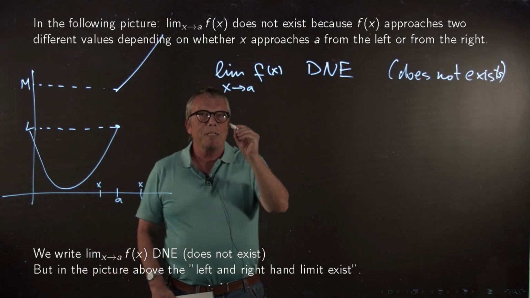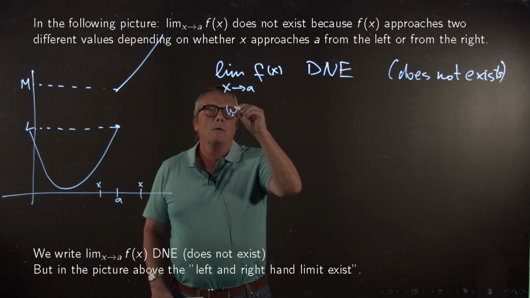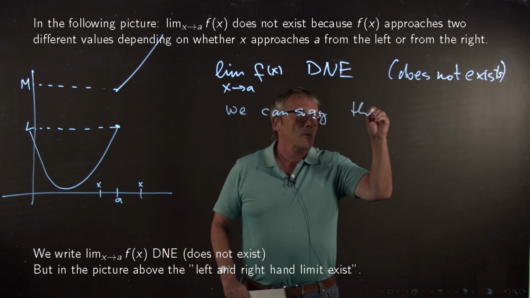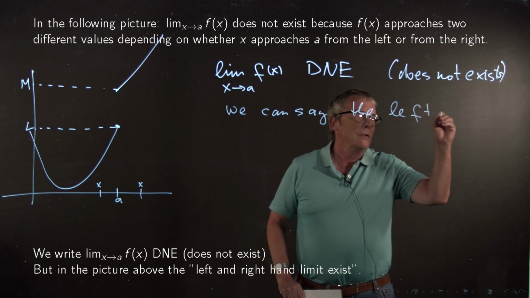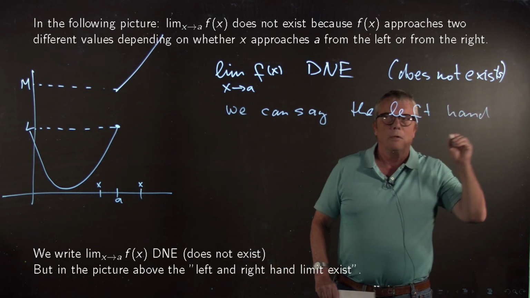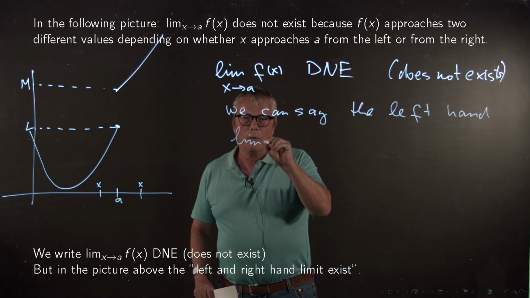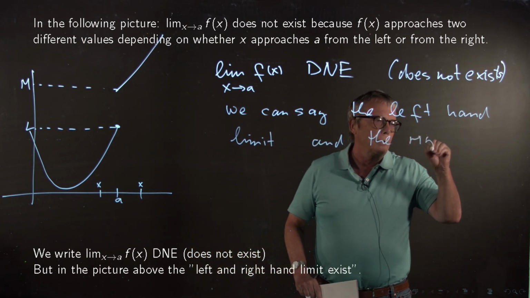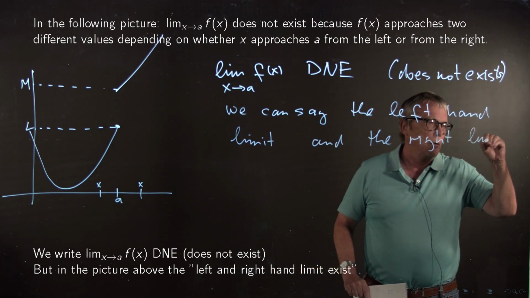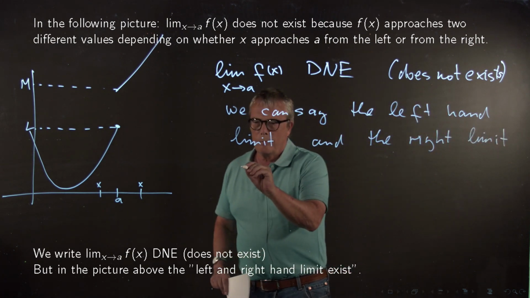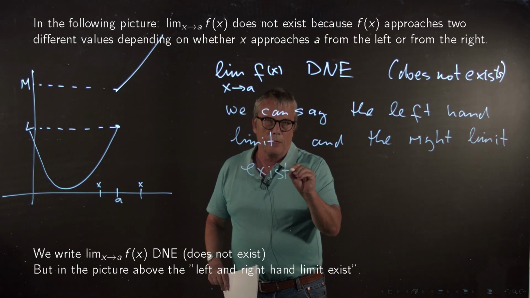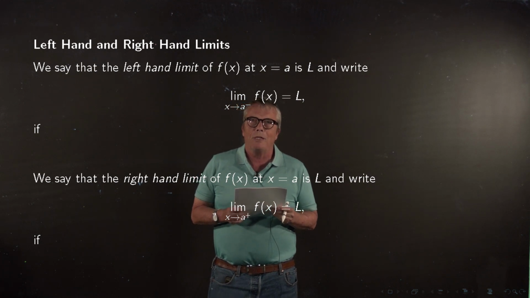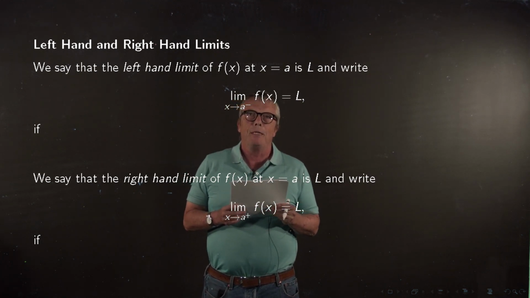So we can say the left-hand limit and the right-hand limit exist. Yeah, let's make this precise, what a left-hand limit and a right-hand limit is.